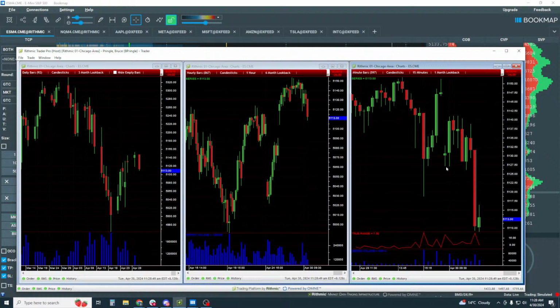And then we already know that we tested down here. We tested up here several times, and it could never break through. And then we tested down here. I was looking for it to break on this candle. It didn't. We came back up. We had a lower high, and then the sellers came in, and we were looking for the break here. That was our bigger picture.